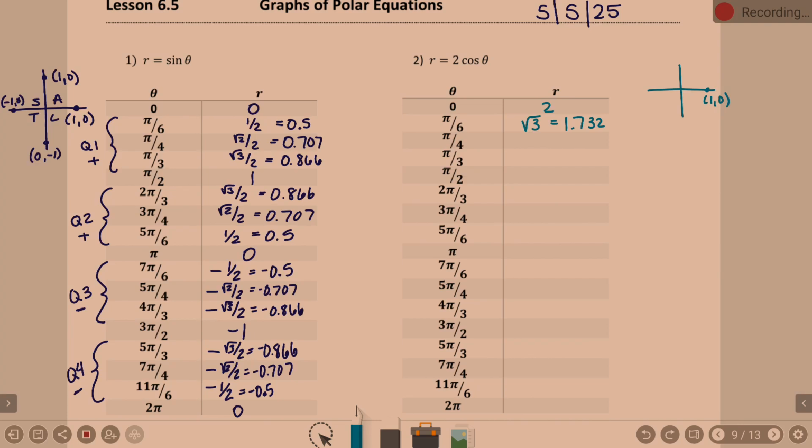When you multiply that by 2, you're going to have square root of 2, 1.414. Cosine of pi over 3 is 1/2 times 2 is 1. What's the cosine of pi over 2? 0 times 2 is 0.